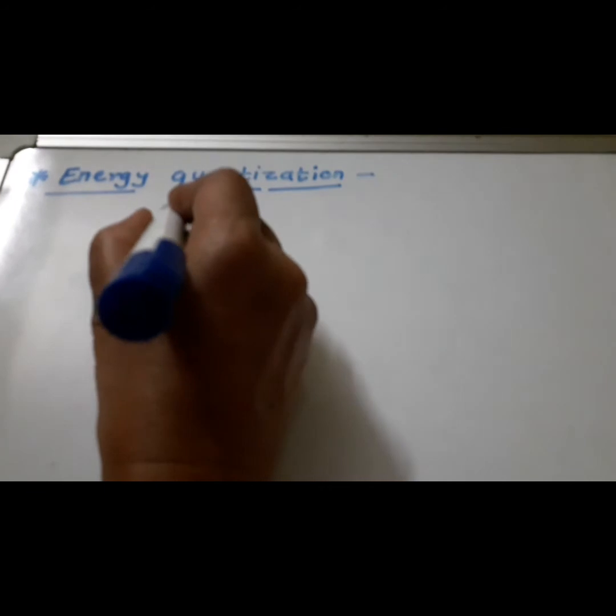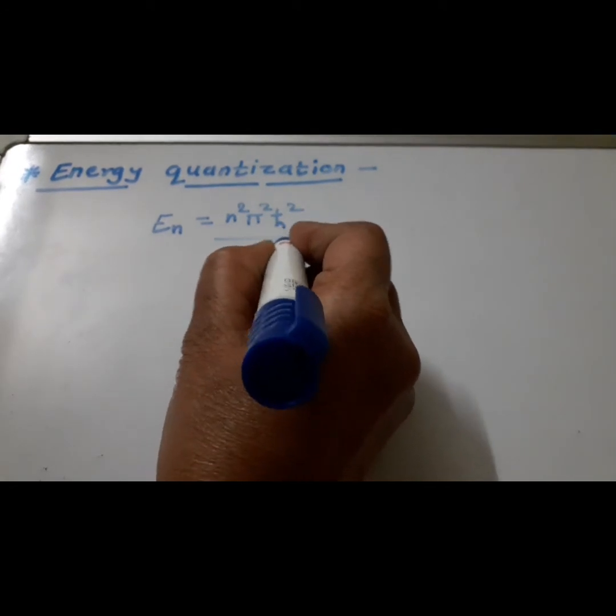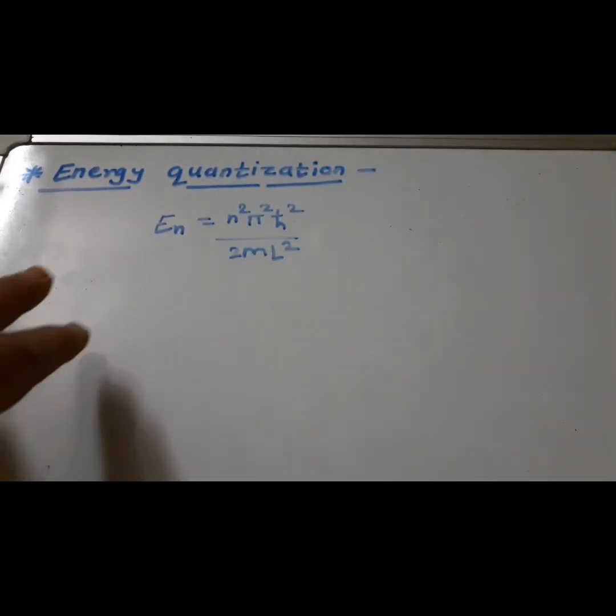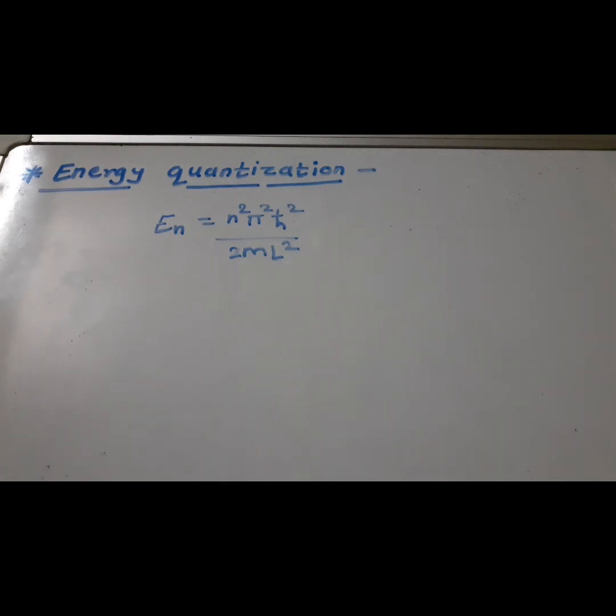We know that the equation is En = n squared pi squared h cross squared divided by 2mL squared.